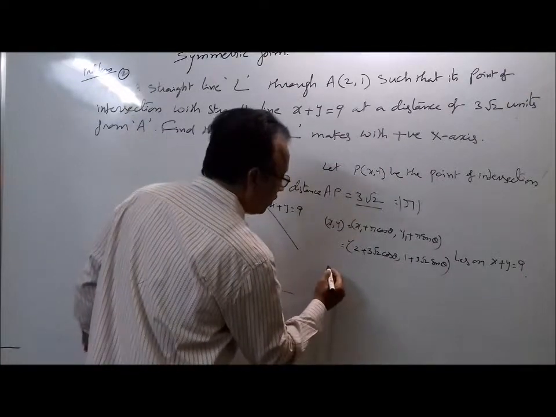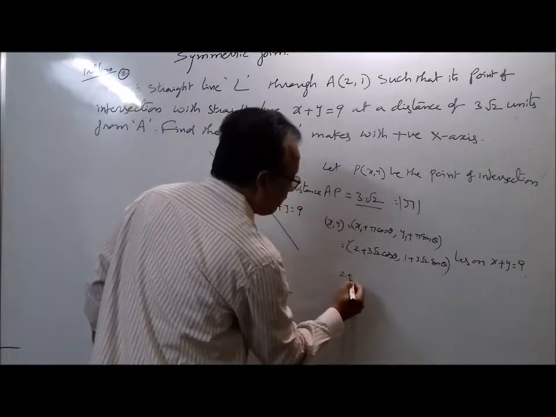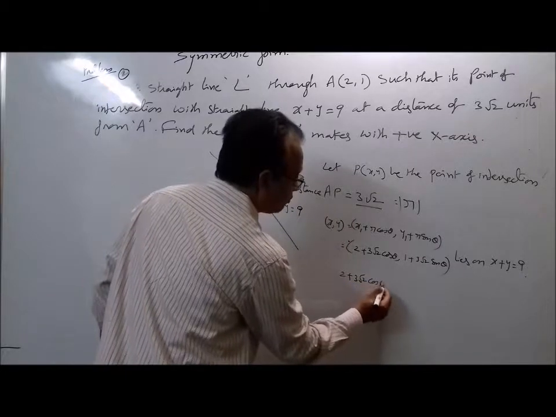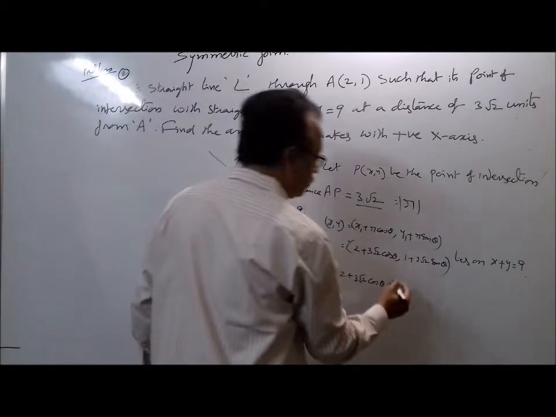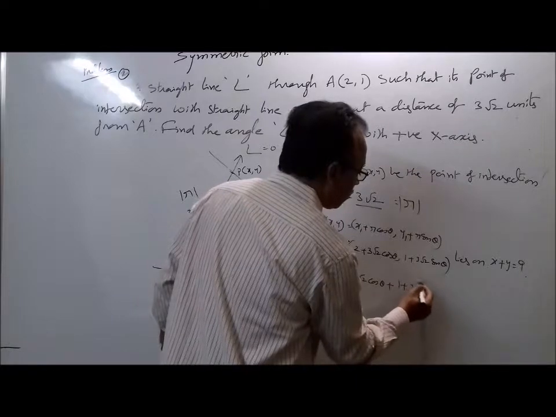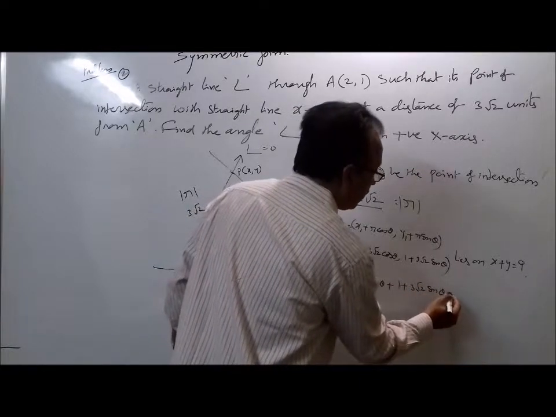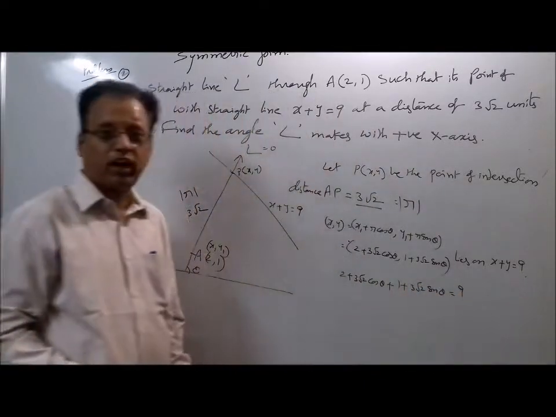That is x plus y, right? 2 plus 3 root 2 cos theta, plus 1 plus 3 root 2 sin theta is equal to 9.